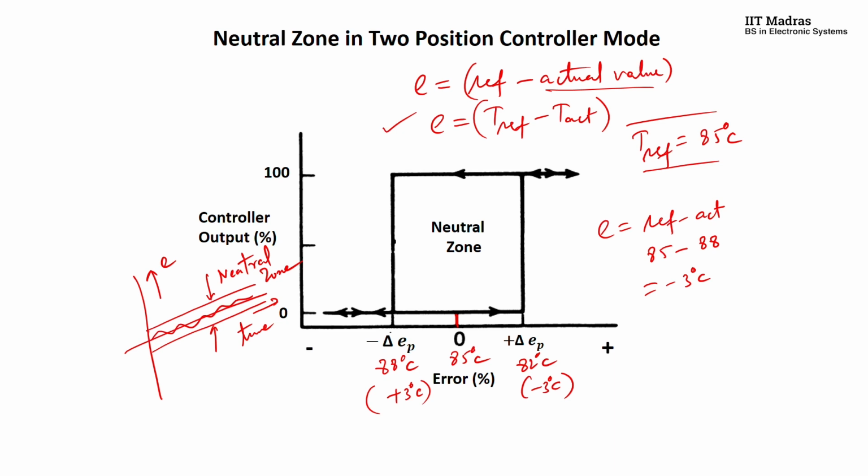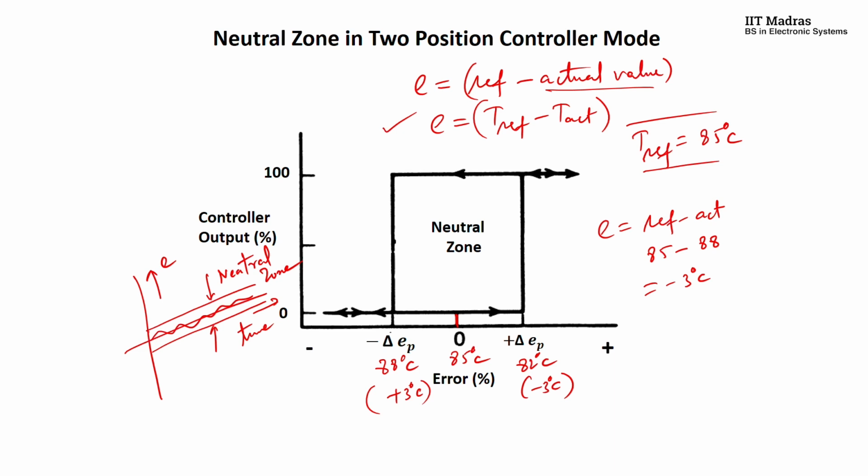Let's say for example you started at 85, and after some time the water gets cooled down to 82, and it is further going below 82. When it is going further below 82, what you do is you try to switch on the controller.